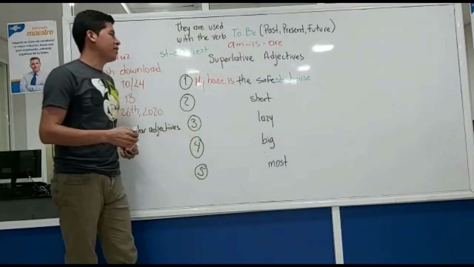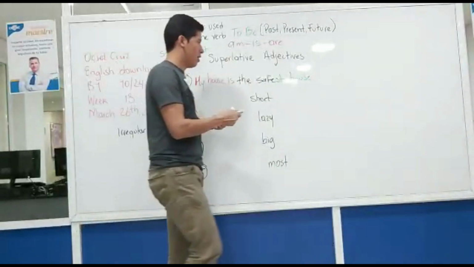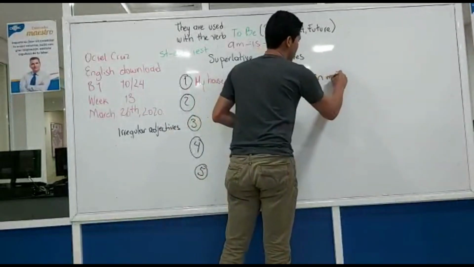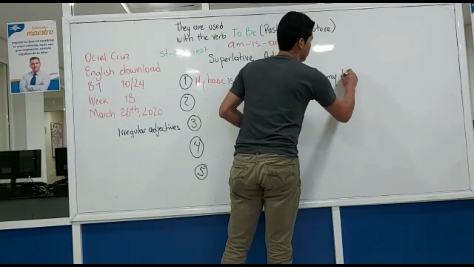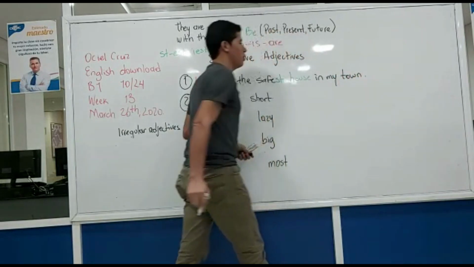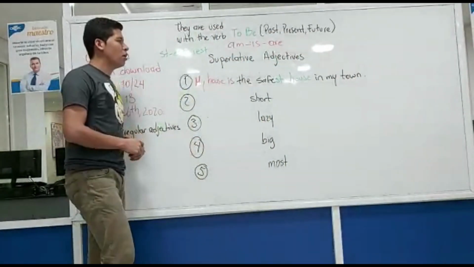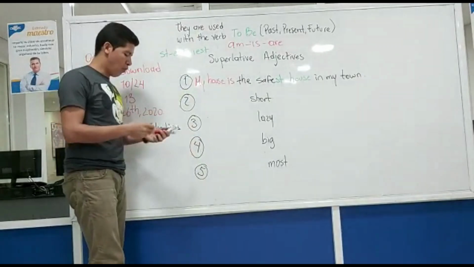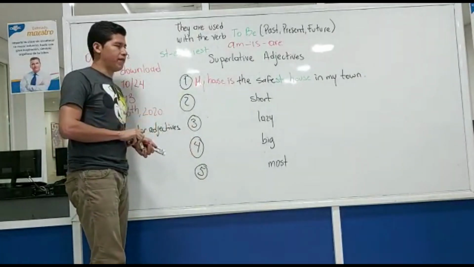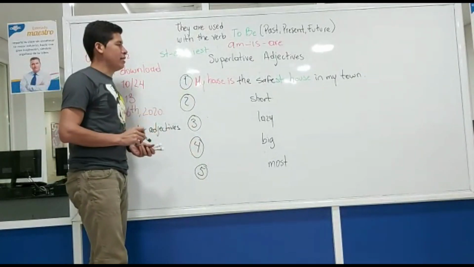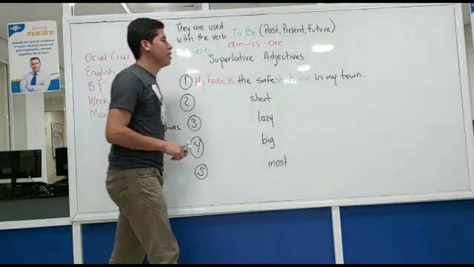My house is the safest house in my town. Okay, that's an example of when I use the superlative form with the adjective safe. My house is the safest house in my town.